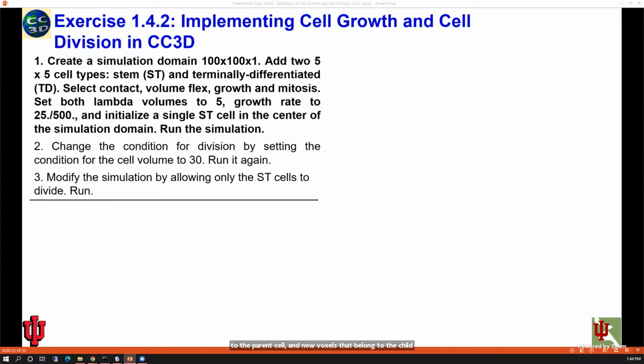And you have four options: you can divide along a random axis, along the major axis, the minor axis, or along a user-specified axis. If you wanted the cell to divide simultaneously into, say, four cells, or you wanted a specific type of allocation of voxels, then you could define that independently for yourself.